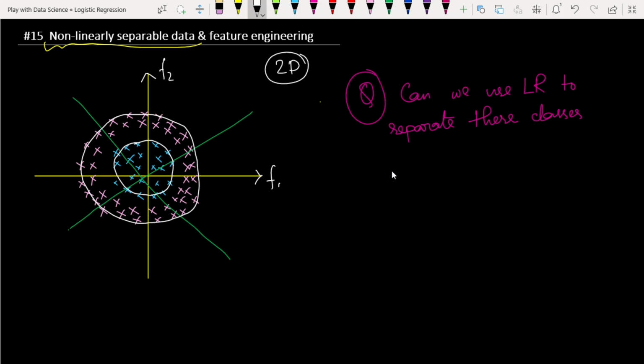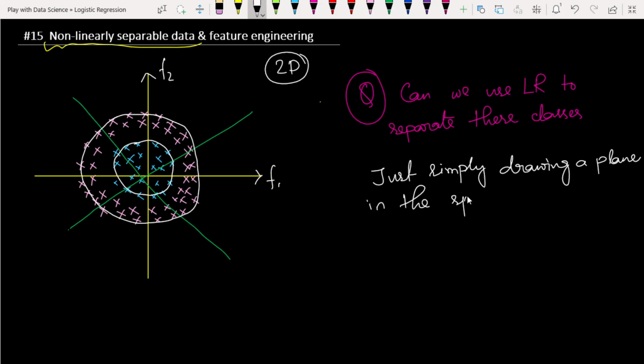So simply, drawing a plane in the space, that is, the space of f1 and f2, cannot separate positive and negative points.